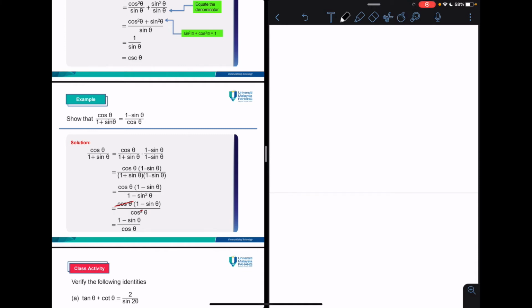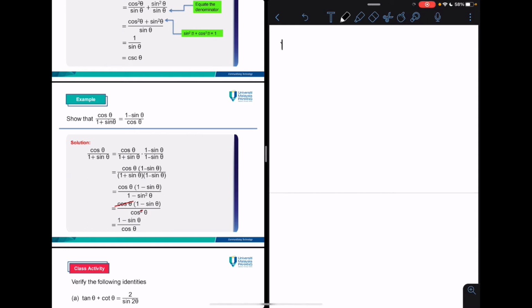Based on the solution given, the author manipulates the terms on the left hand side and then shows that towards the end it is equal to the right hand side. So what I'm going to do right after this is quite different compared to what you have in the presentation, which is I'm going to show that the right hand side equals the left hand side.